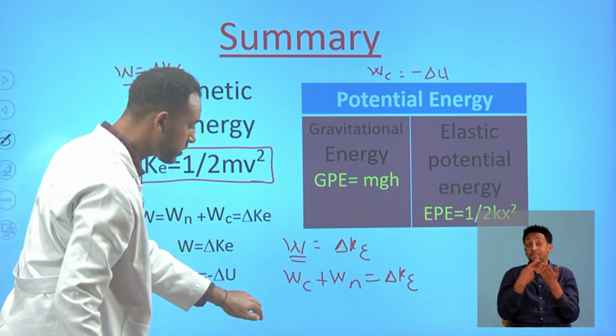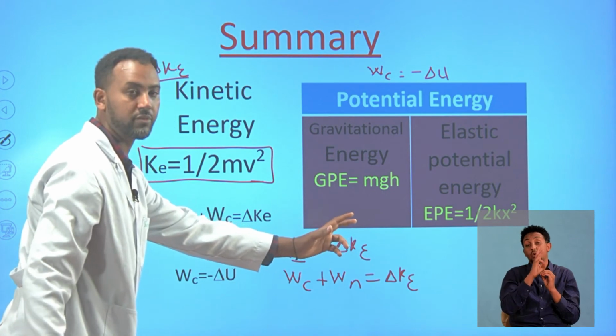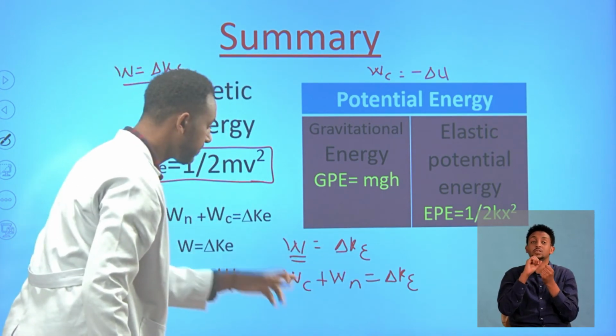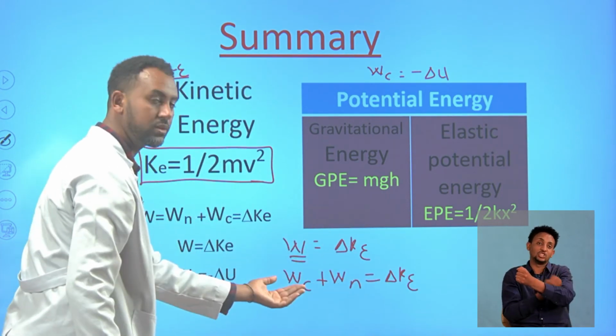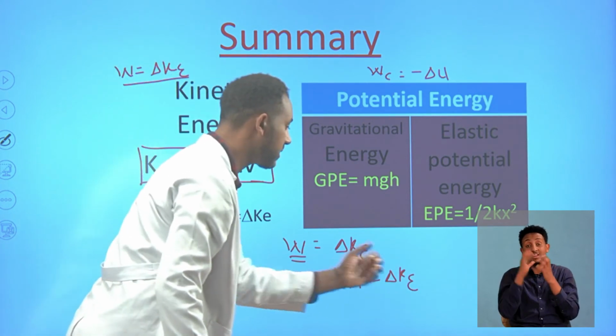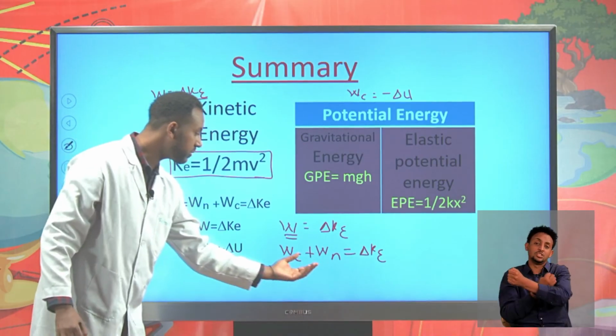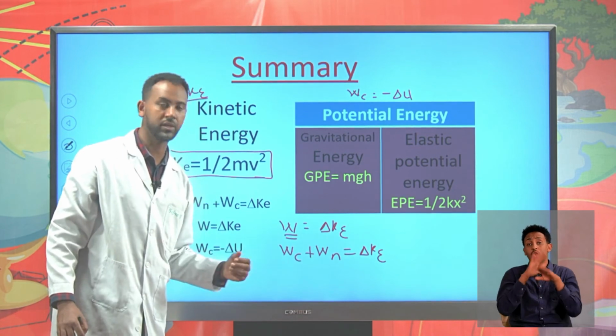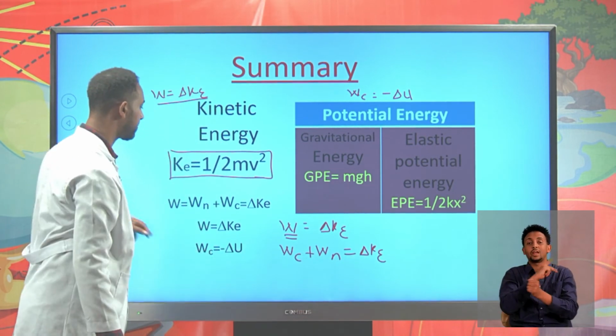Sometimes if there is no conservative force, the work done by non-conservative force is the change of kinetic energy. If there is no non-conservative force, the work done by conservative force gives us the change in kinetic energy. The sum of these two can also be given as the change of kinetic energy.